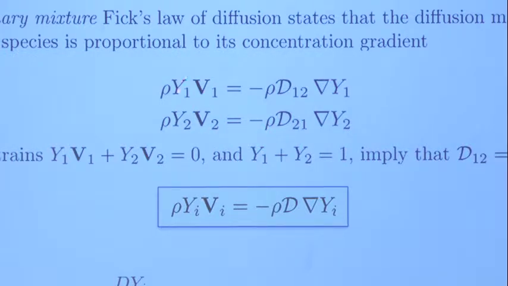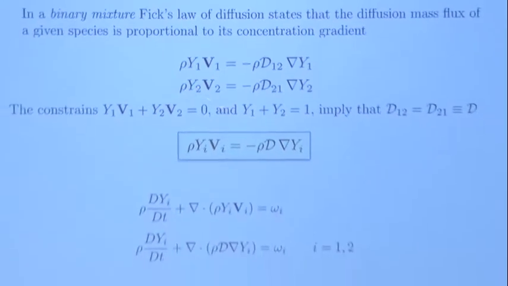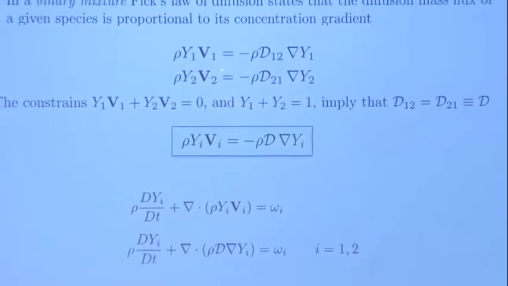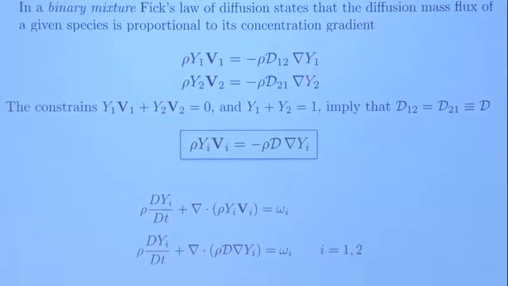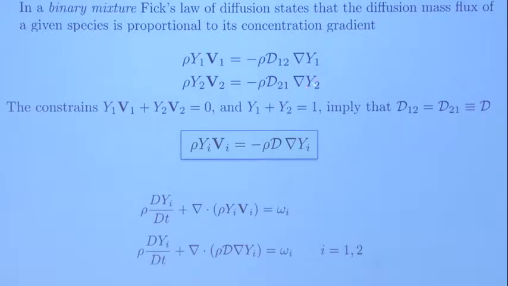Now, since the sum of y1 v1 plus y2 v2 must be 0 in a two-species system, and because y1 plus y2 is 1, the gradient of y1 is the same as minus the gradient of y2. Then clearly D12 must be equal to D21.